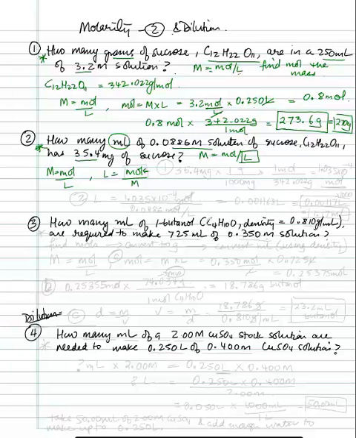To calculate the moles, we need to use the 35.4 milligrams first. So let's go ahead and do that. 35.4 milligrams, which we need to convert to grams first.